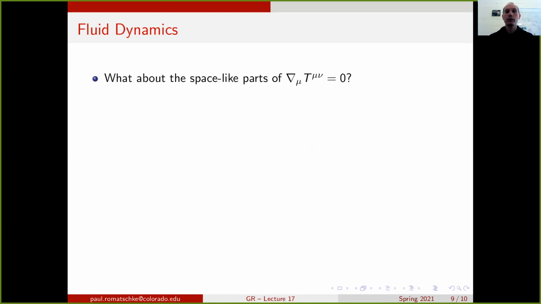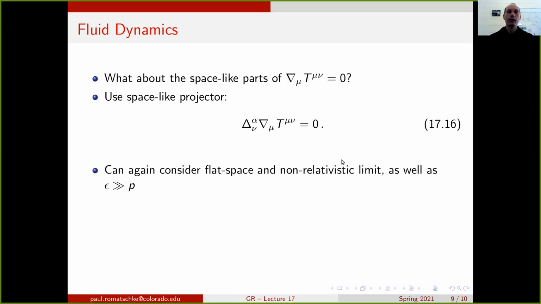We can ask ourselves, what about the other parts of the conservation equation that we did not talk about so far? We can again use the projector, this time the space-like projector Δ, onto this conservation equation and figure out what this equation means. If we do so, we can find an equation where we can take the flat space and non-relativistic limits, as well as the limit where we take the energy density to be much, much bigger than the pressure.